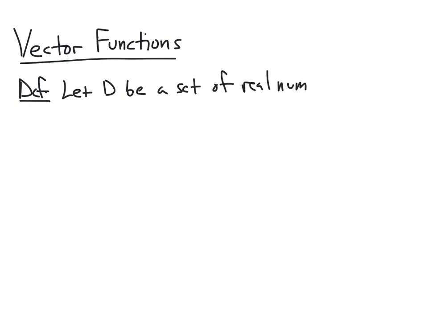Now this can be any set, but almost always it's going to be an interval. So I'm just going to put parenthetically that we want to think of D as an interval. So maybe all the real numbers from 0 to 5, including 0 and 5. Something like that.